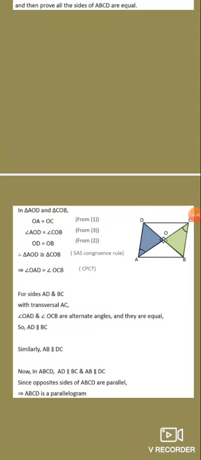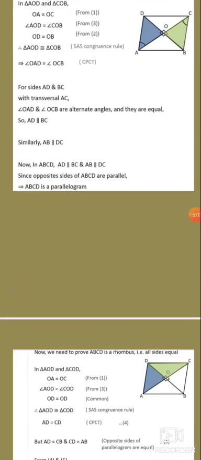BC. Similarly, we can write what? AB parallel to DC. No need of writing all the steps. Now in quadrilateral ABCD, AD parallel to BC and AB parallel to DC. These opposite sides of ABCD are parallel. ABCD is a parallelogram.